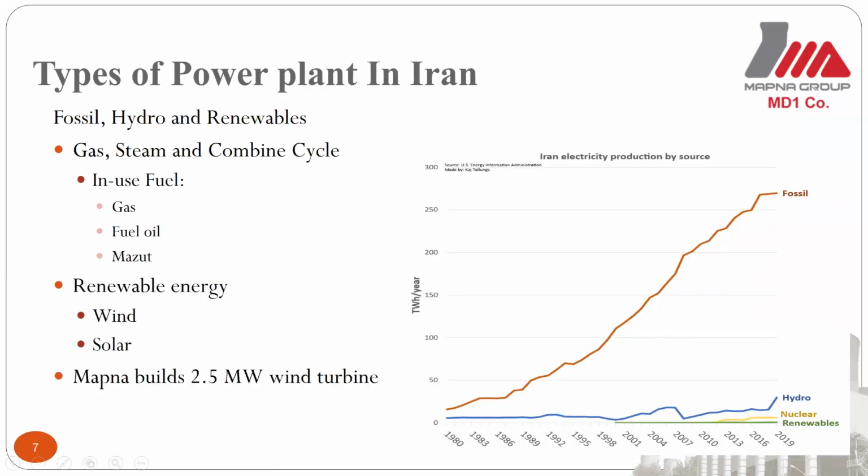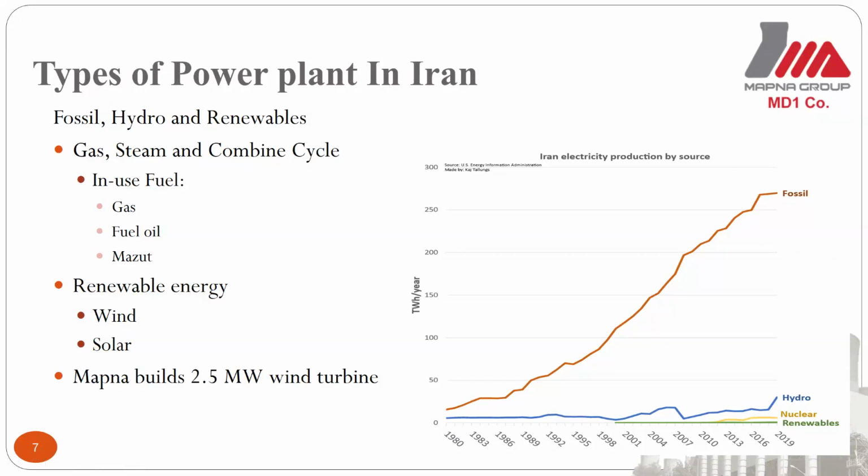After a brief history, let's take a general look at power plants in Iran. Fossil, hydro, and renewables are sources of energy for power generation. As you can see in this picture, fossil is the largest source, almost 80% of power generation in 2020. The main fuel of these power plants is gas, and also in the cold season, fuel oil and mazut may be used too.